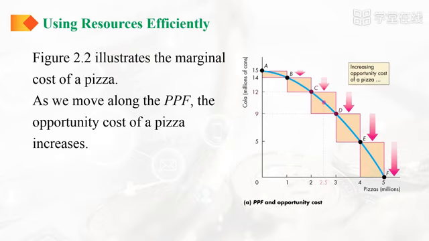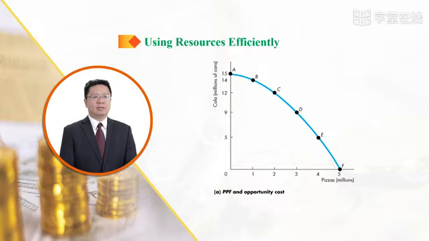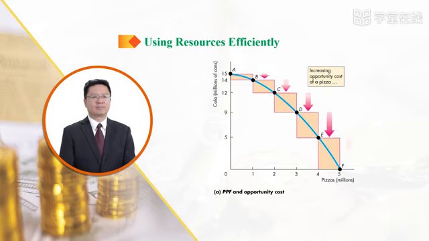This figure illustrates the calculation of the marginal cost of a pizza. As we move along the PPF, the opportunity cost of a pizza increases. The opportunity cost of producing one more pizza is the marginal cost of a pizza. Begin by finding the opportunity cost of a pizza in blocks of 1 million pizzas.